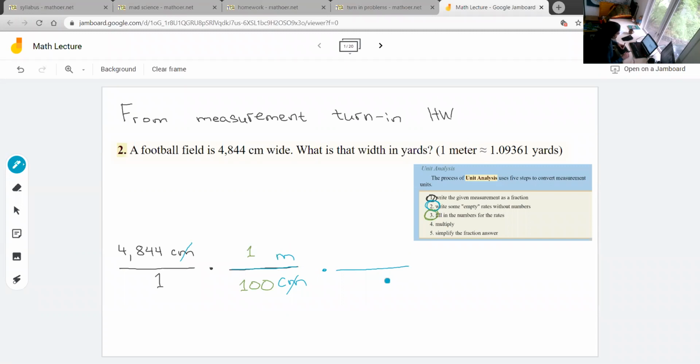I have meters on top. I want it to cancel. Can I go from meters to yards? Yes, it tells me up here. 1 meter is that many yards. Whoops, and again, I am forgetting my color scheme because I'm just starting this morning.